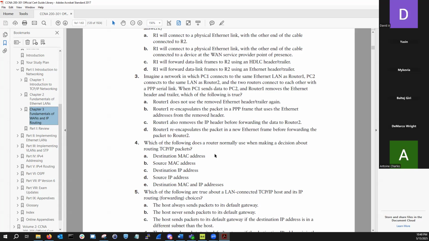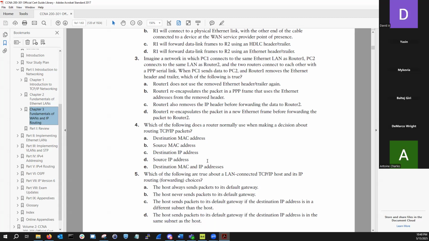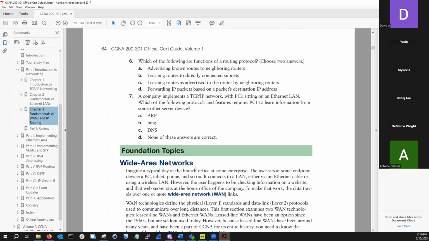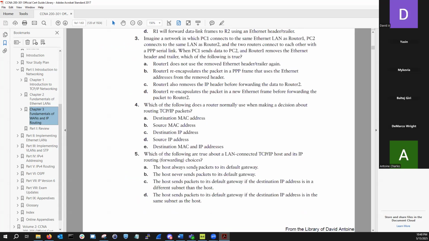What's your final answer? The destination IP address. Why? Because to route it, it needs a destination to send it to. That's correct.